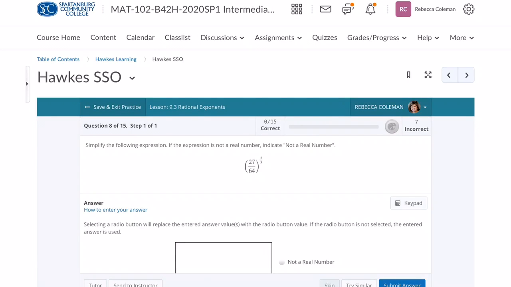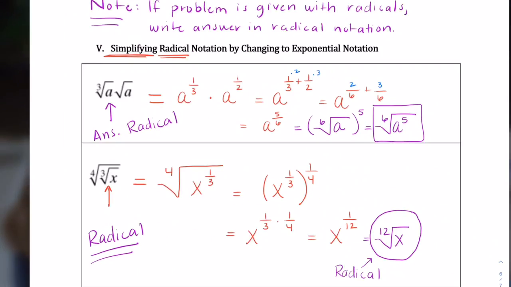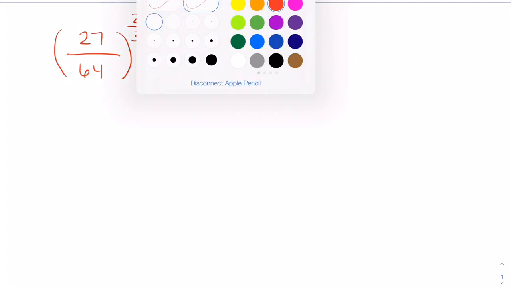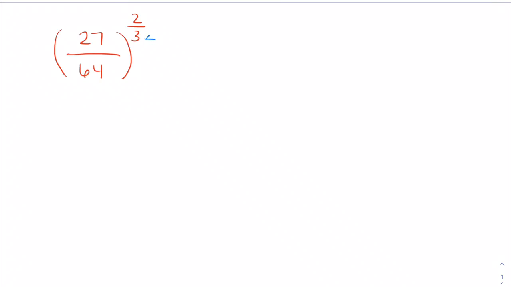So let me find one in here. All right, so like this one. I have 27 over 64, and I'm raising that to a power of 2/3. So when the exponent is a fraction, all I'm going to do is take what's on the bottom as a root and what's on the top as an exponent.